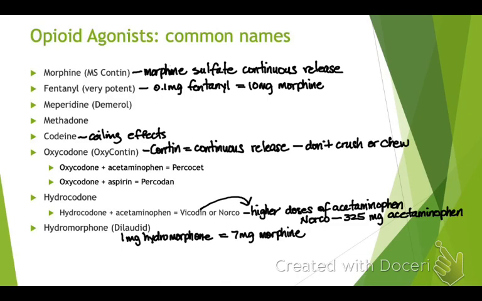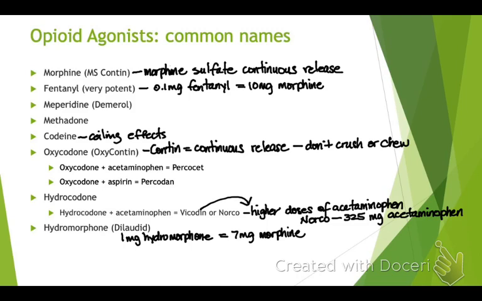Okay, so now we get to common opioid agonists that are important for you to know. Common names of these agonists are going to be morphine, also known as MS-Contin, or morphine sulfate. It does have a continuous release.